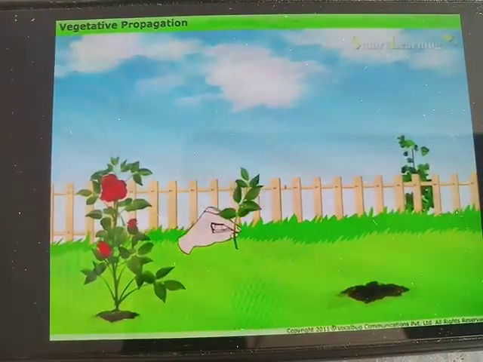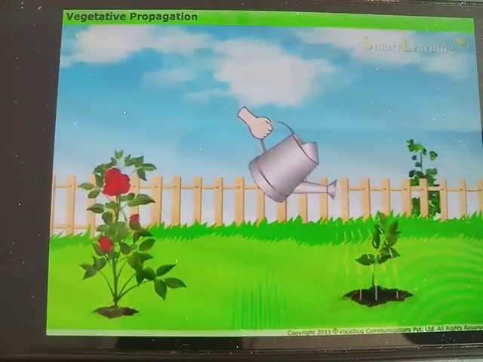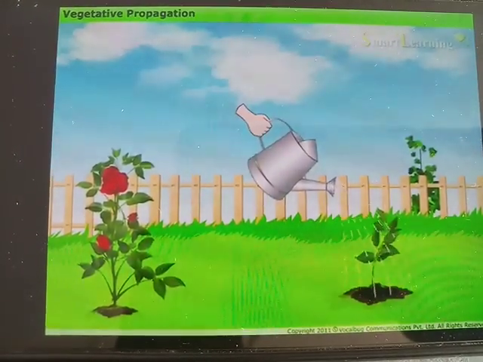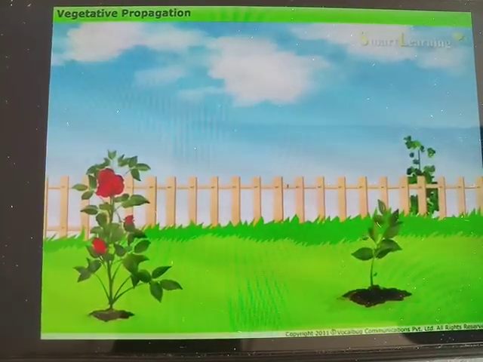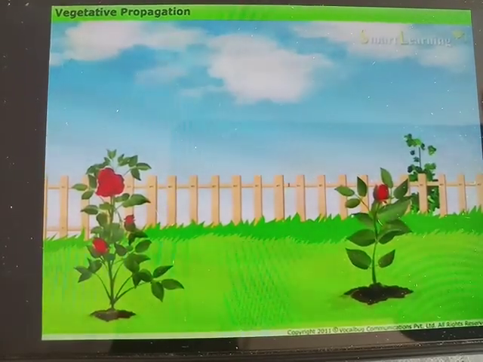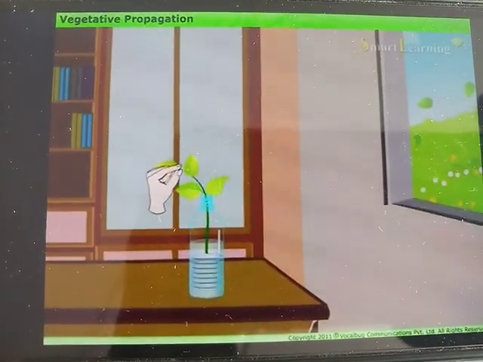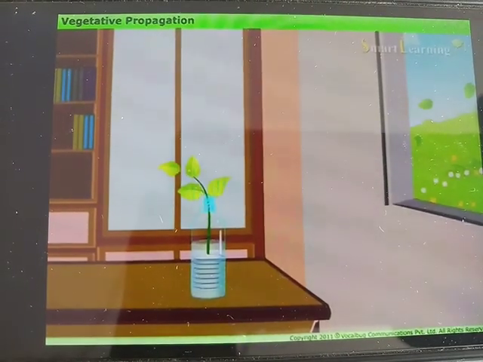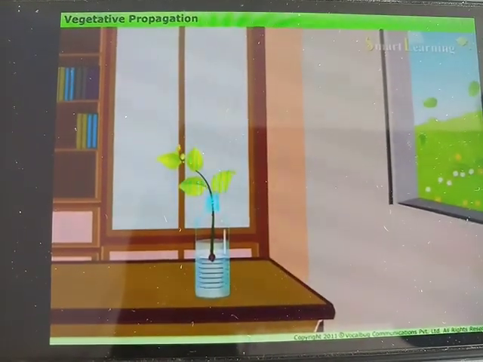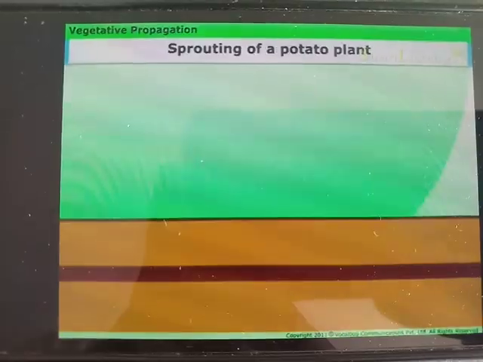The stem of a rose plant is cut and buried in moist soil. Water it continuously, and you can see after a few days this stem will grow into a new individual plant. Take another example, the money plant. This also grows into an individual plant when we keep it in a transparent bottle of water.